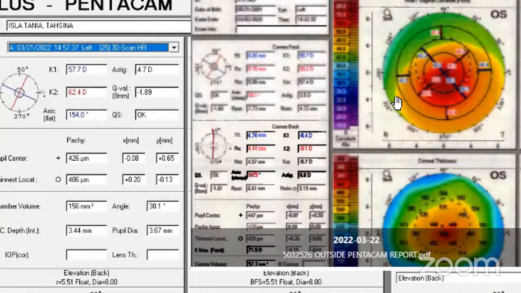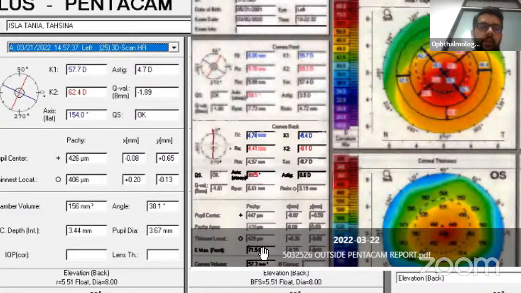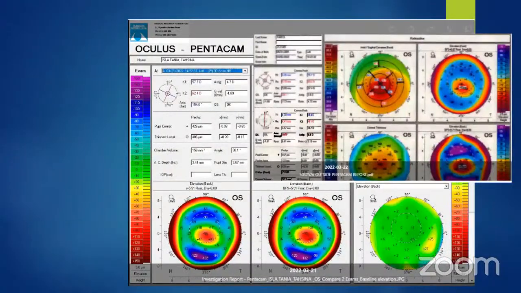When we compare with those values, 447 has become 406. So definitely there is a progression. When you compare with 1 month back, it's not showing so much, but when you compare with something done a little earlier, it is definitely showing progression.